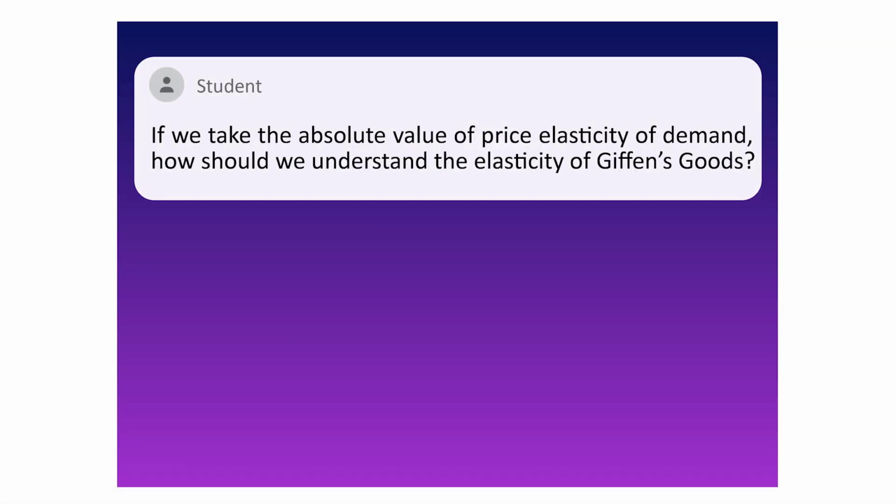Okay, if we take the absolute value of price elasticity of demand, how should we understand the elasticity of Giffen goods? That's a very good question. We're actually not going to talk about Giffen goods in this class. When you go to intermediate microeconomics, you will talk about Giffen goods. They are a violation of the law of demand.